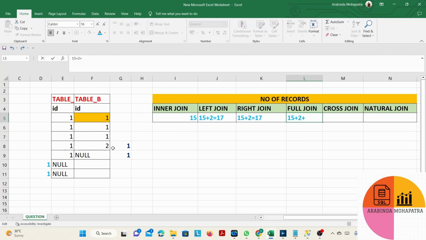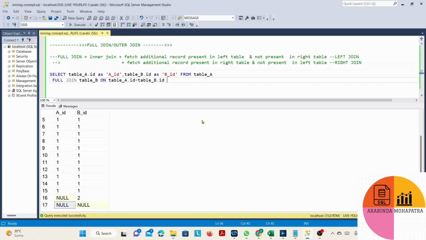Now the right join: these two additional records are not present in the left side of the table. So the additional number of records coming from the right join is 2. So 15 plus 2 plus 2 equals 19. In the full join, we will get 19 records. So let's run it to understand the full join.